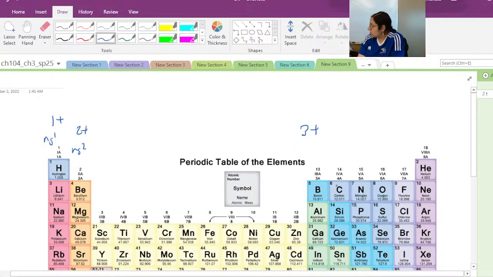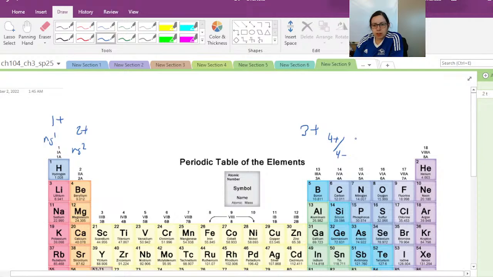Then we mentioned the switch. So this is where things can get weird. So carbon, we're either 4 away, so we could take away 4 electrons: 1, 2, 3, 4. We're back at helium. Or we could add 4 electrons: 1, 2, 3, 4. We're at neon. So that's the switch point.